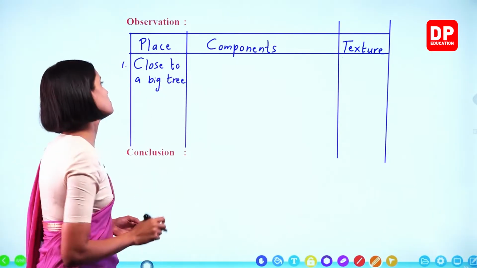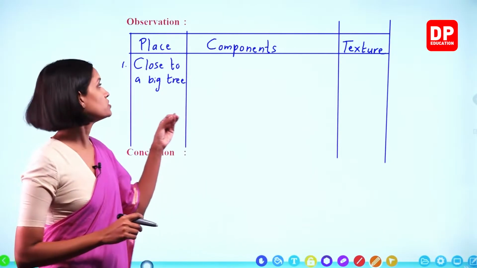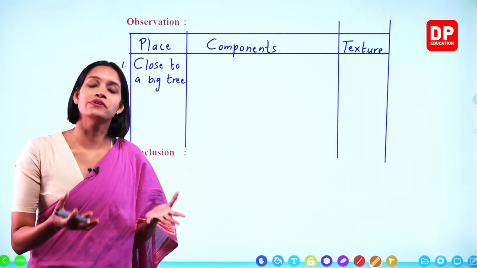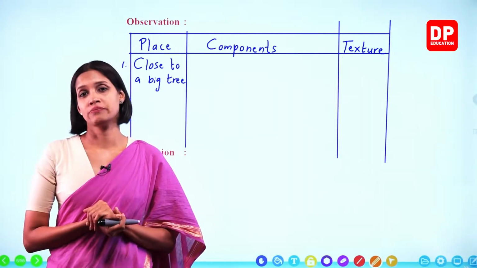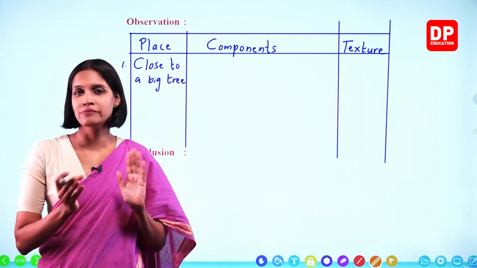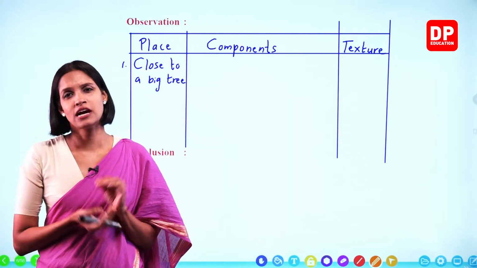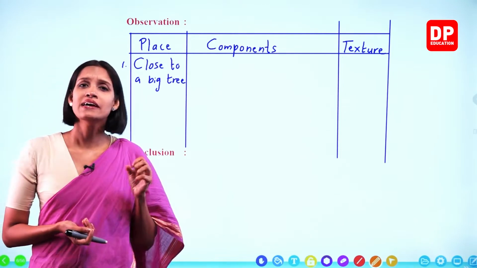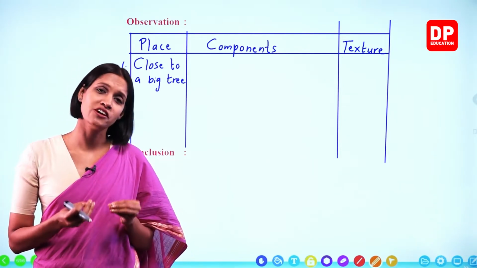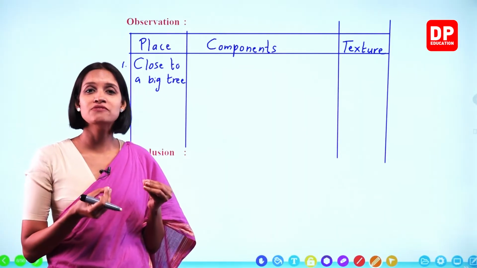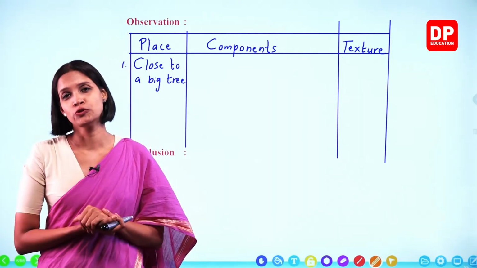So what did we observe here, the components? I showed you all the soil close to a big tree, right? What was the color of that soil, children? It was almost blackish brown in color, dark brown in color. Okay, children, it was dark brown in color. And at the same time, you could observe small plant particles, right? Dried leaves and other plant particles you could see.